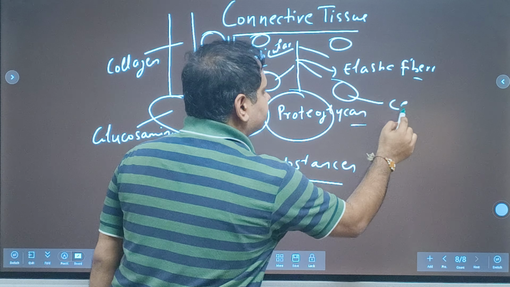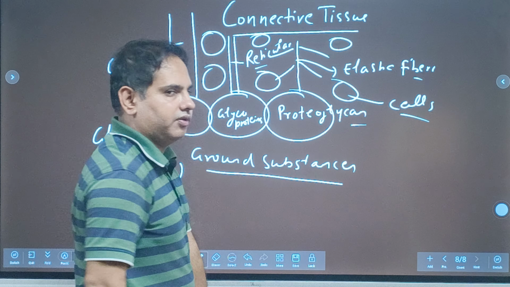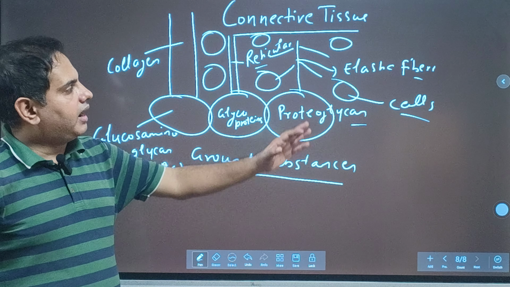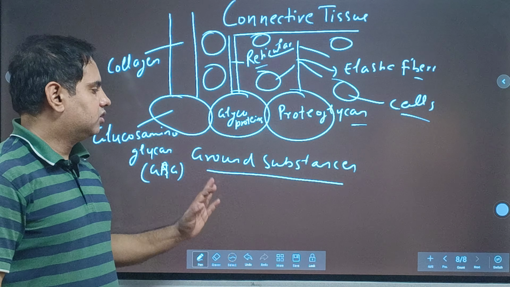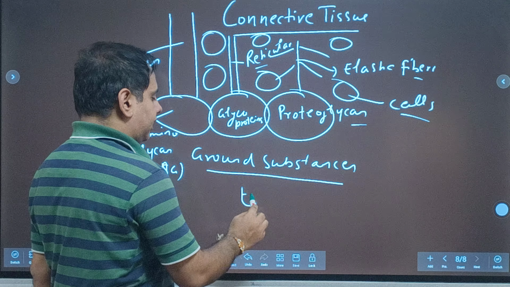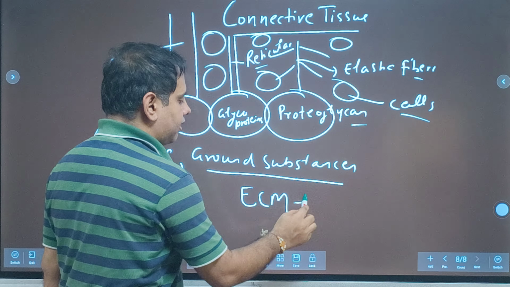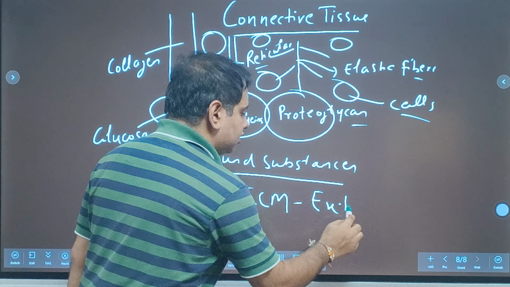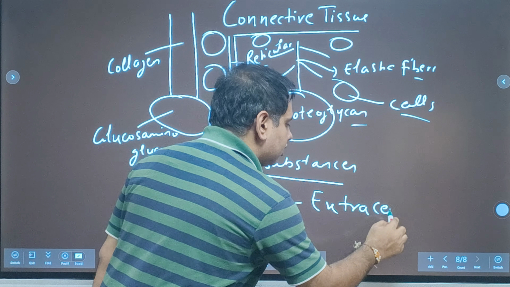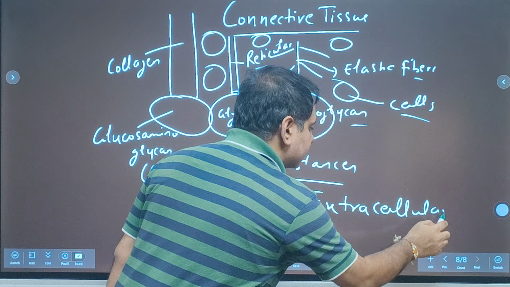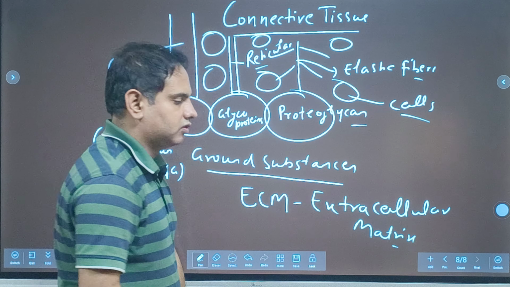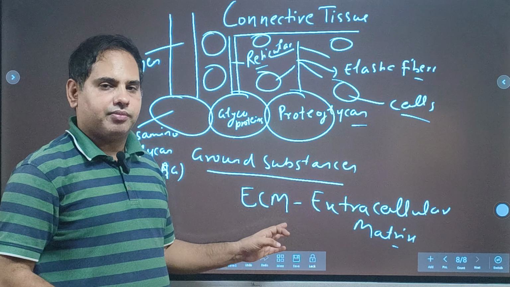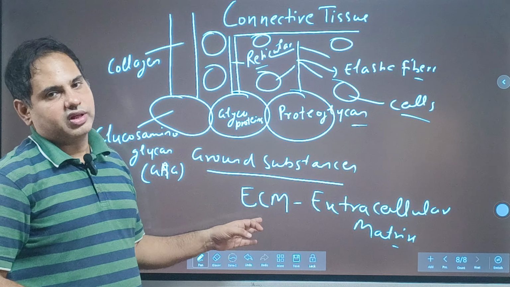These are the cells of the connective tissue, and the material outside the cells we call the extracellular matrix, ECM. Extracellular matrix, ECM in short.